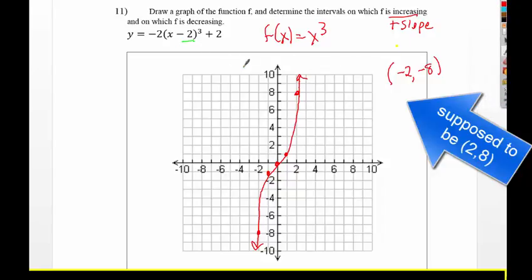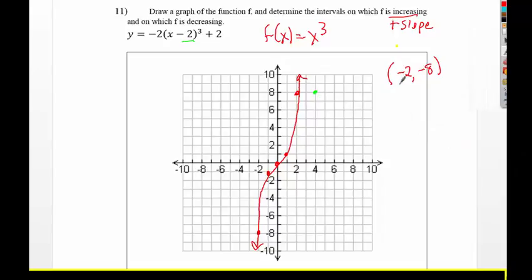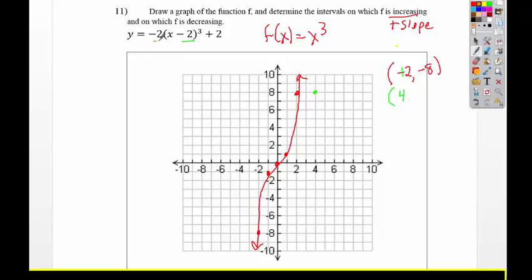The very first thing, we know that this is going to move it 2 to the right, right? So I'm going to come over 2. If I move this 2 to the right, instead of positive 2, I'm going to make that a positive 4. So moving it 2 to the right. Then it's going to multiply the y by 2, right? So the very next thing, it's going to multiply the y by 2.